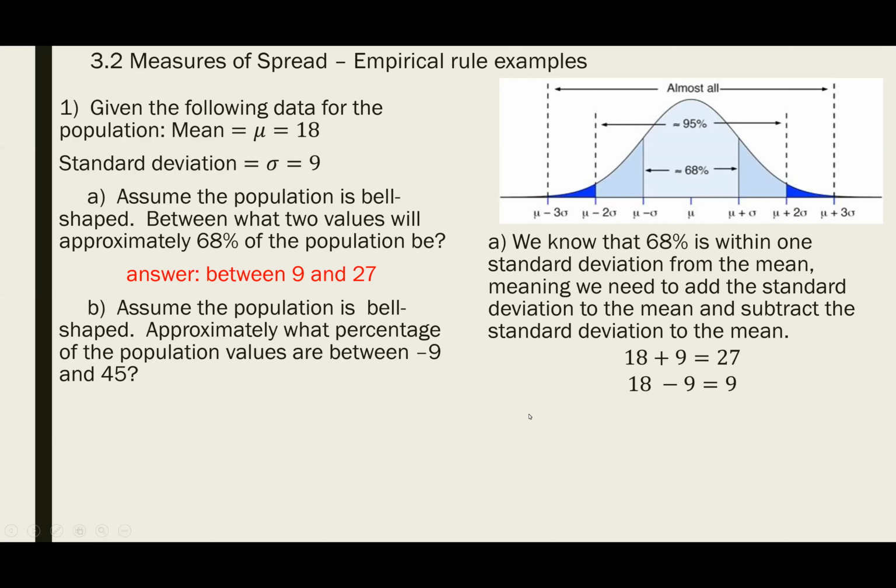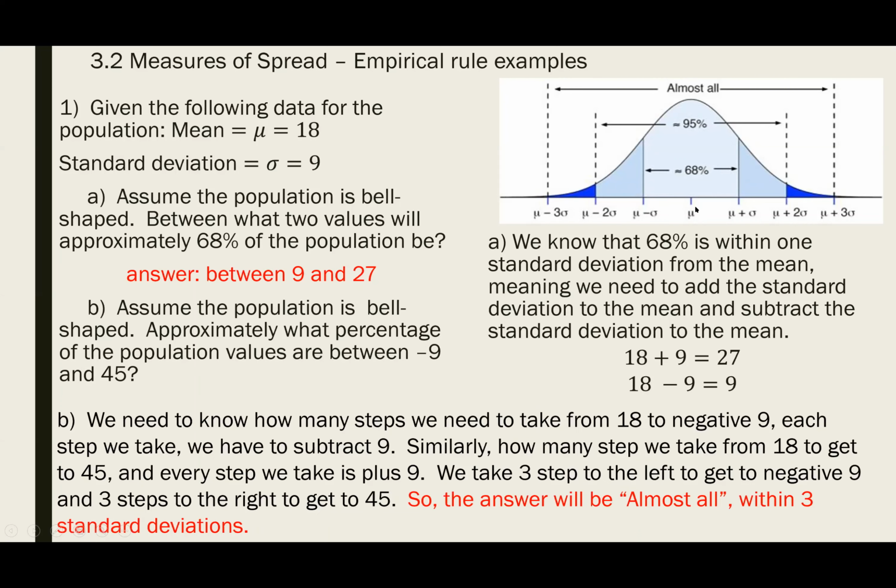In this case, from the mean, I take 3 steps to give me -9 to the left. And from the mean, which is 18, I take 3 steps, adding 9, 9, 9, to give me 45, which is my upper value.